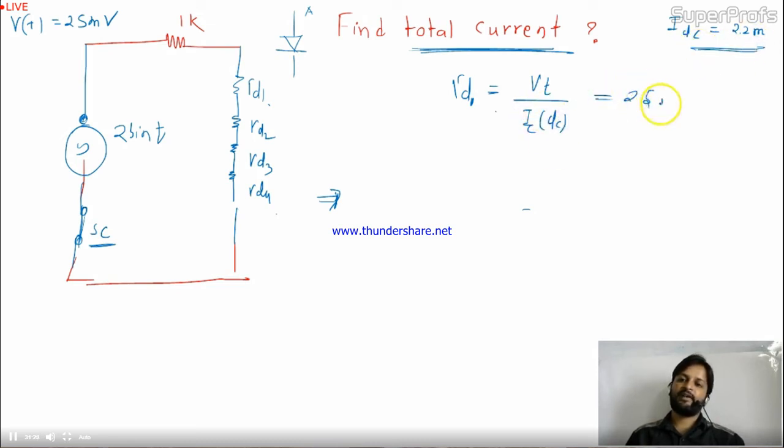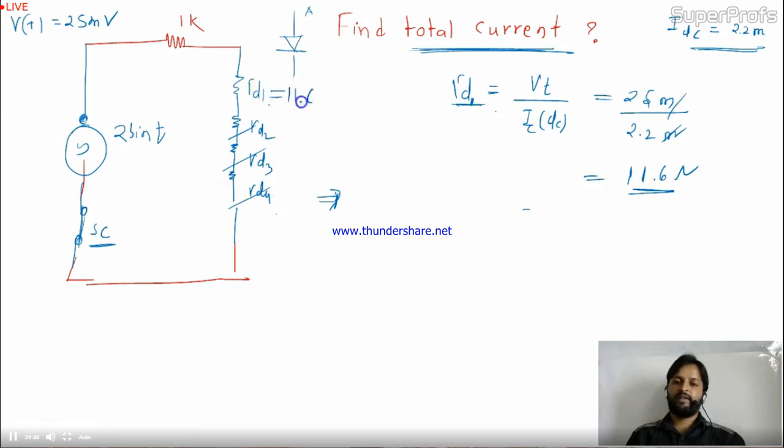V_T is 25 milli and this is 2.2 milli. So you have to divide 25 by 2.2. If you calculate, it will be 11.6 ohm. So you are having R_D1 value 11.6. Similarly R_D2, R_D3 and R_D4 will all be 11.6 ohm.